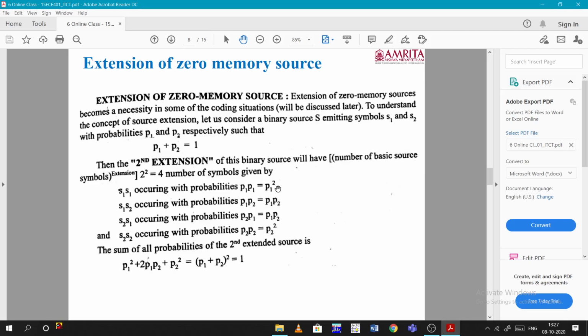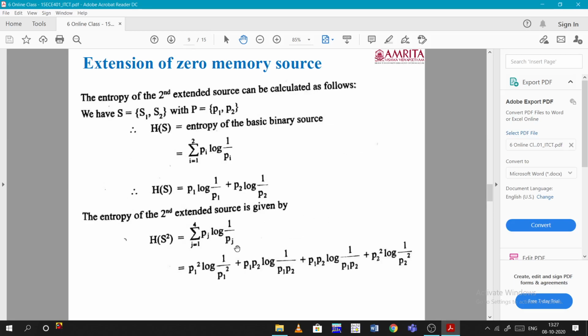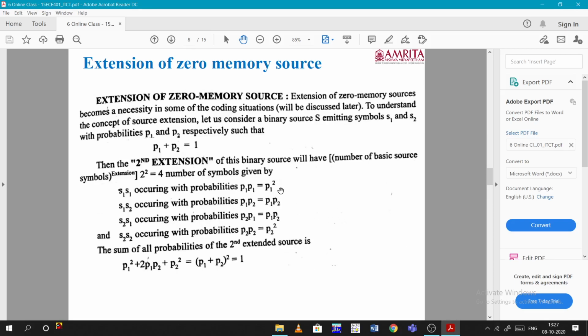So we have 4 symbols, and we use the same formula: p1 square into log of 1 by p1 square. For s1 s2 it is p1 p2 into log of 1 by p1 p2, like that. You understand it? Just see them as a new set of symbols, that's it.